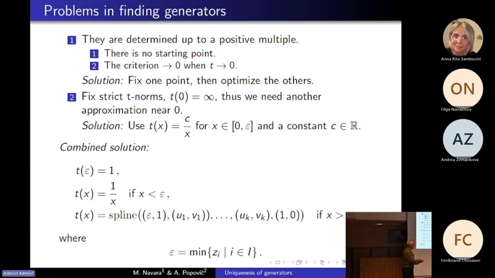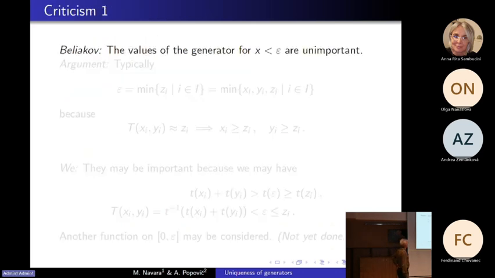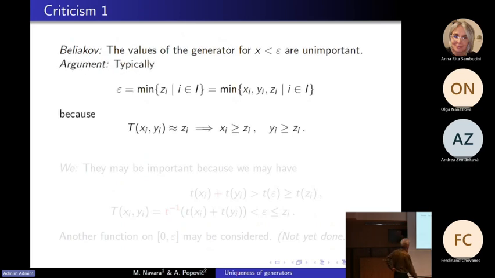And for this epsilon, Belyakov has chosen the smallest value in the data. Not a surprising choice, almost well motivated. He says that the values of the generator for smaller arguments than epsilon are unimportant, so he didn't care to replace it by some other function, saying, I will not evaluate it there, so why take care?